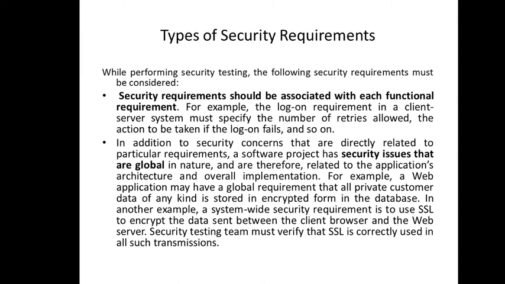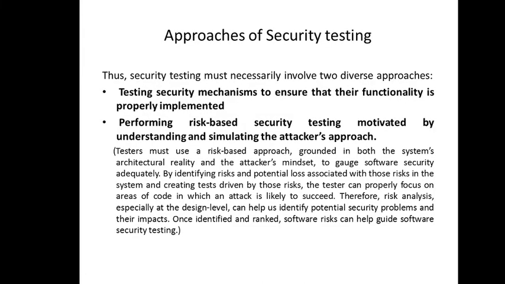Or whenever you add a new contact in WhatsApp, it says end-to-end encryption is there. So the overall system is being secured using this encryption. So it is relevant to the overall system, while the first category is relevant to the individual functions present in your system.